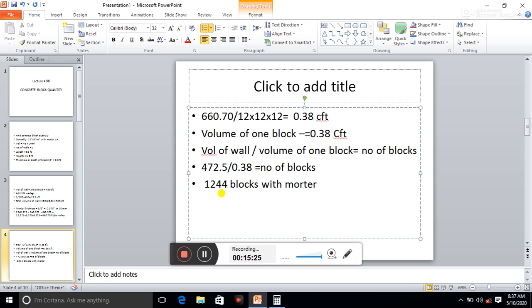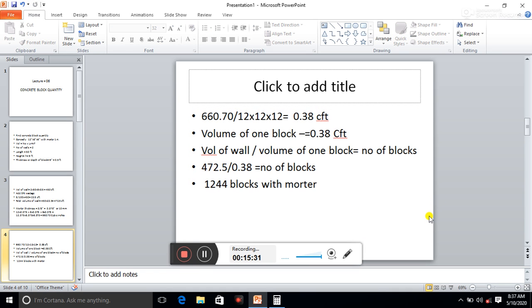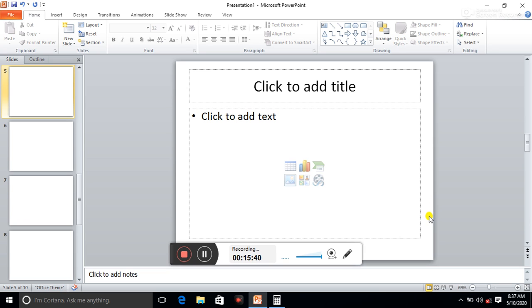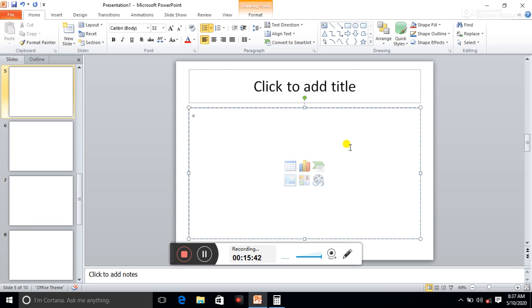Now we will find the mortar quantity. The number of blocks is 1244. Now we will find the mortar quantity, meaning cement quantity and sand quantity.